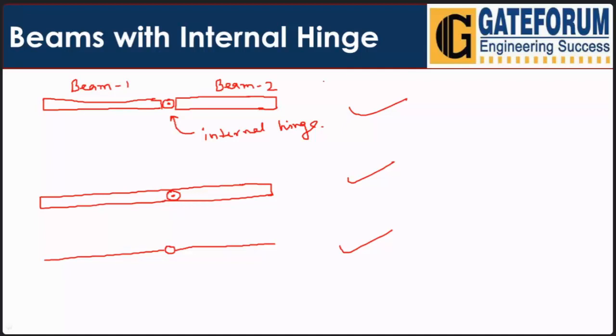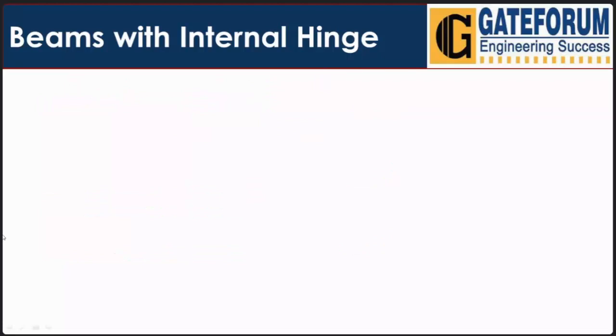Okay, just take one example. Suppose here we have a beam like this, having an internal hinge somewhere in between, and it is a simply supported beam like this.